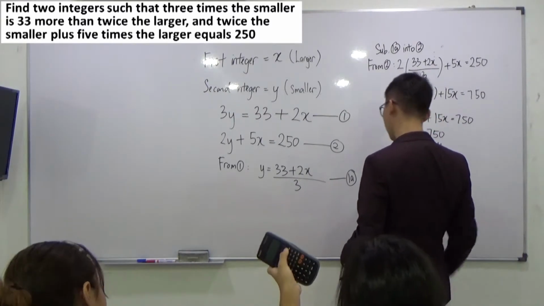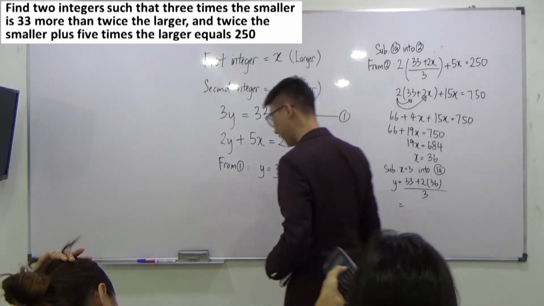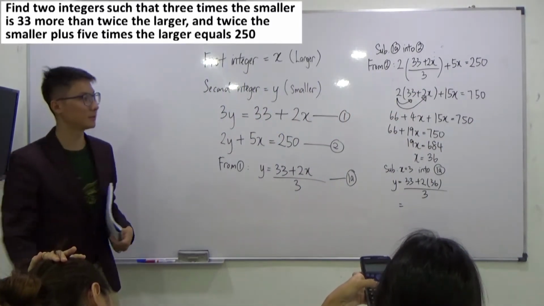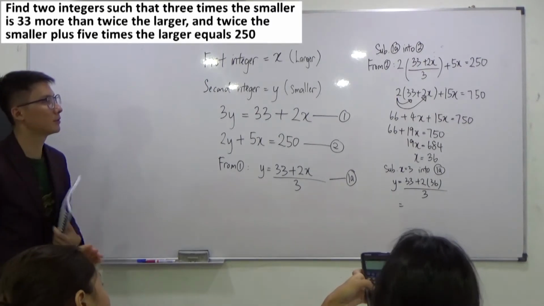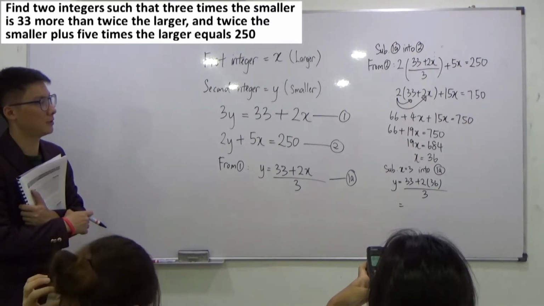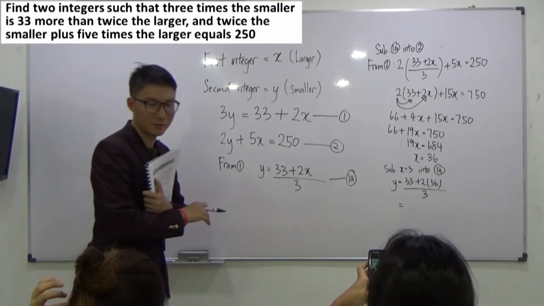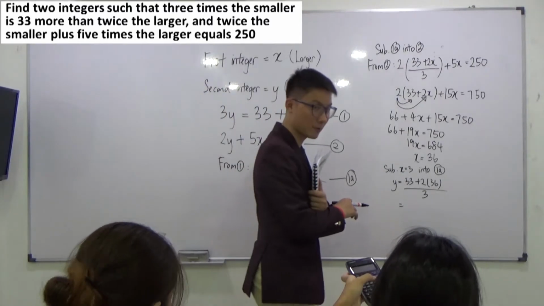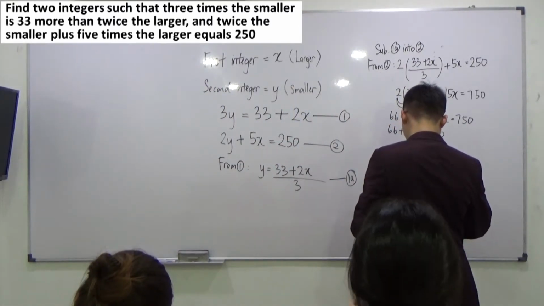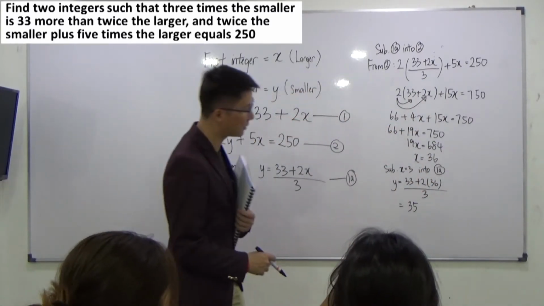So can you find the answer? Be careful when you're pressing the calculator. 35. Okay, so we close both of the answers, x and y.